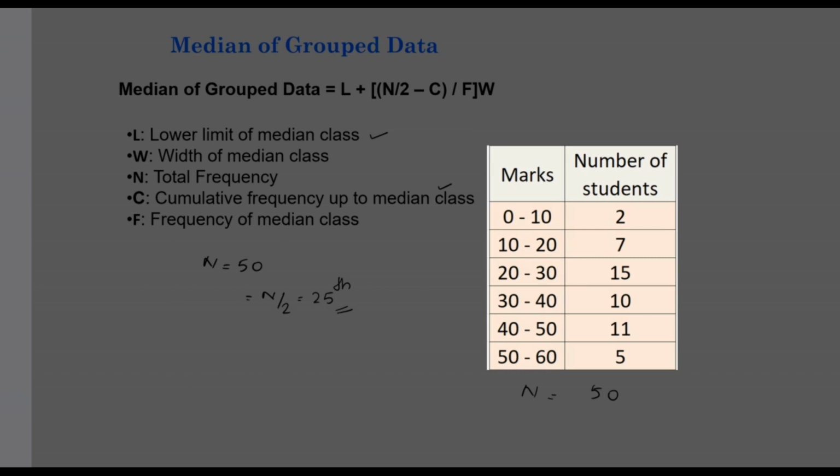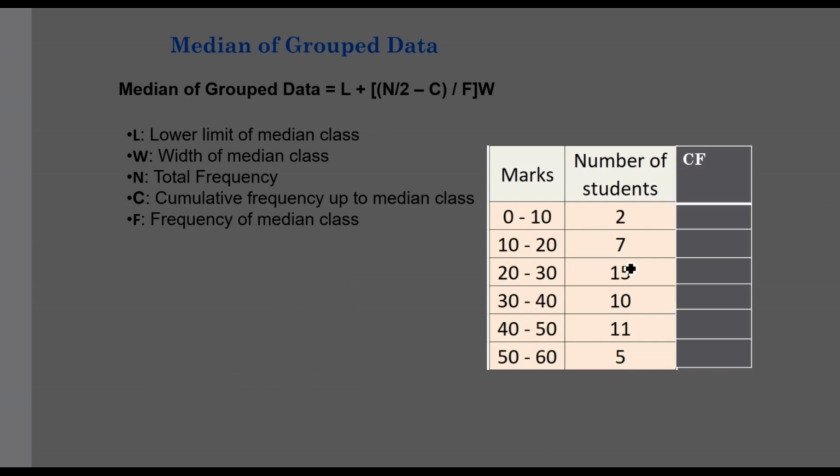For finding that, it is very important to find the cumulative frequency first. So what is cumulative frequency? We find the cumulative frequency by adding the previous values. Let's assume these are the marks. The number of students who scored below 10 is 2.